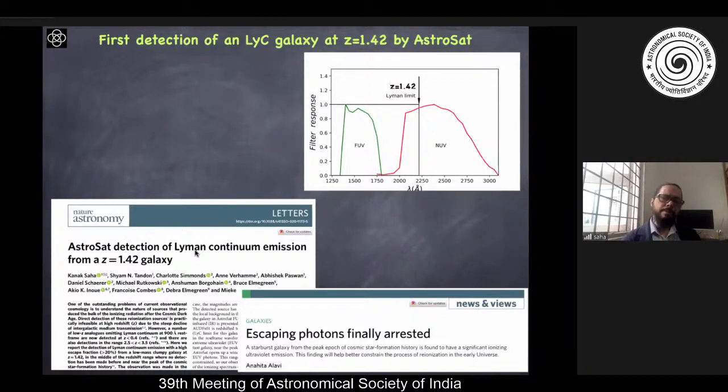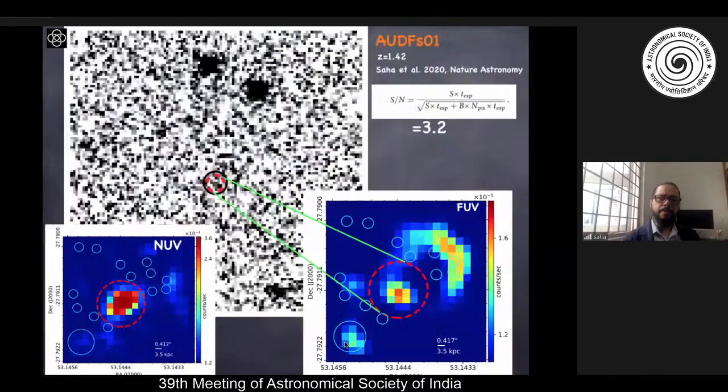There were also a lot of efforts in other parts of the world to catch those ionizing photons. For example, there was a large HST program to look in the redshift desert for those objects. This is the galaxy we call the first one in the AstroSat Deep Field, AUDFs01, at redshift 1.42.